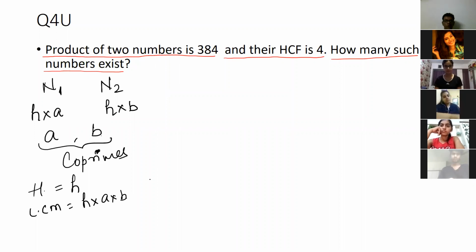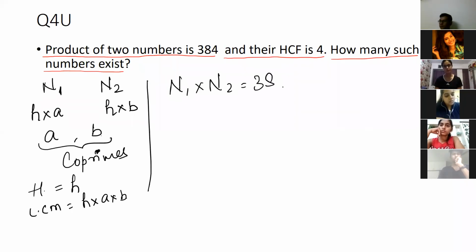Now I'm going to look at the question. The question is saying the product of two numbers is 384. So basically N1 into N2 is 384.